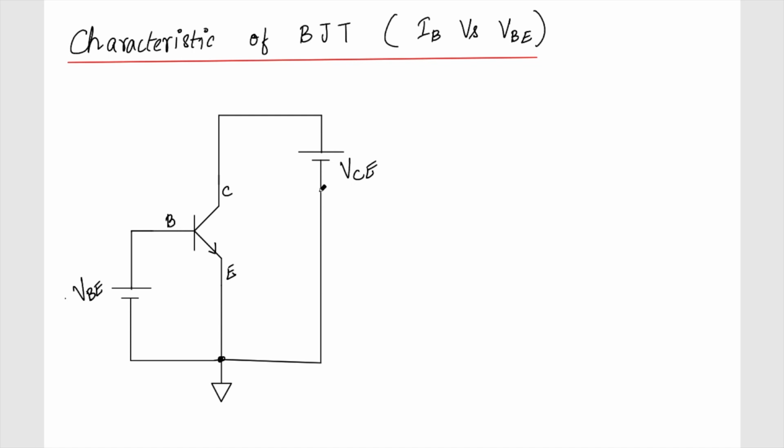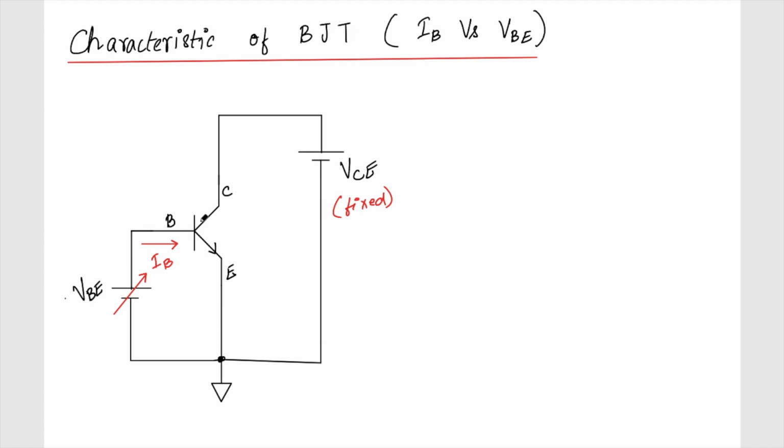Now we will do two types of characteristics. We'll see how the IC current varies with VCE, and how the IB current varies with VBE. In the first characterization, I will keep this VCE fixed, and I will see how the current IB changes with VBE. So this voltage is fixed, and I'm observing the IB current by changing the VBE voltage.